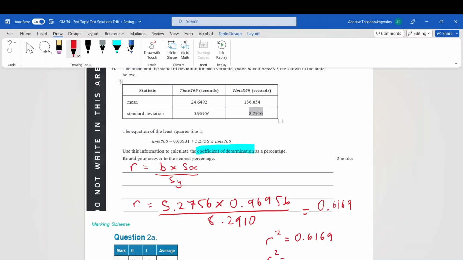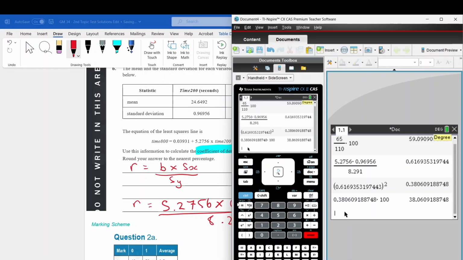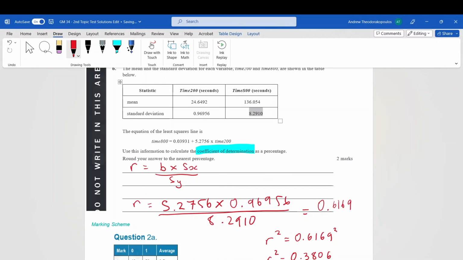So R squared equals 0.3806. We turn that into a percentage by multiplying by 100, and we get 38.06. So as a percentage, it is 38% if we do it to the nearest whole number.